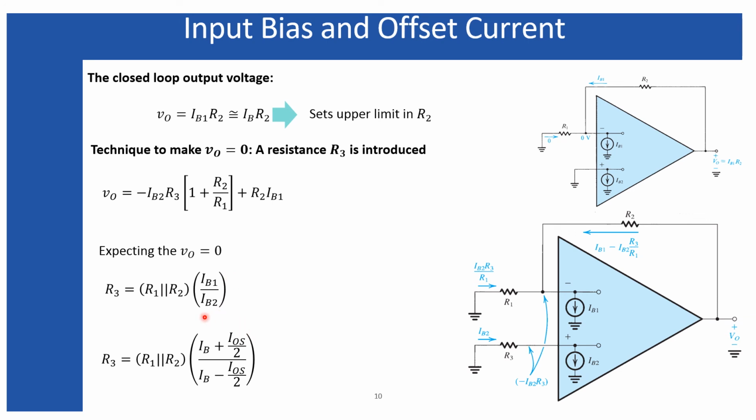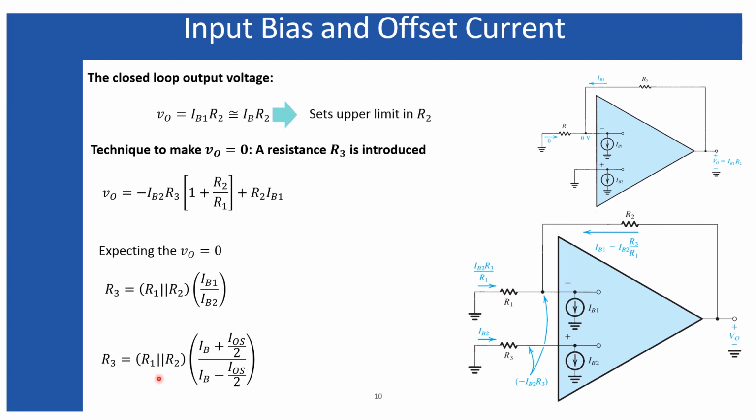Now, as I have defined IB as the summation of IB1 and IB2, and IOS as the difference of those two, IB1 and IB2 can be obtained from those two equations as shown here. From this expression, it is clear that if the offset current is 0, then R3 equals R1 parallel R2.